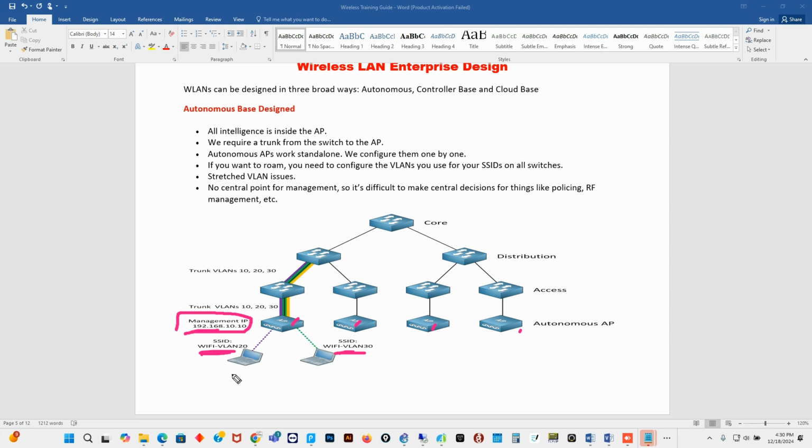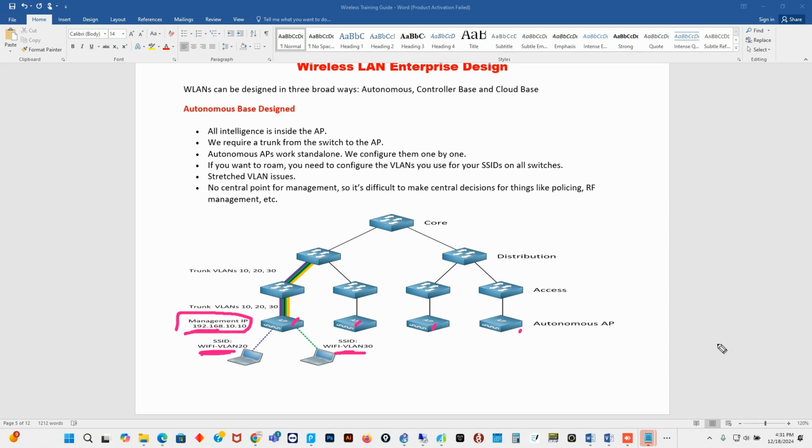In terms of wireless, every SSID relates to a specific VLAN and VLAN ID. That is the way it's going to be handled.